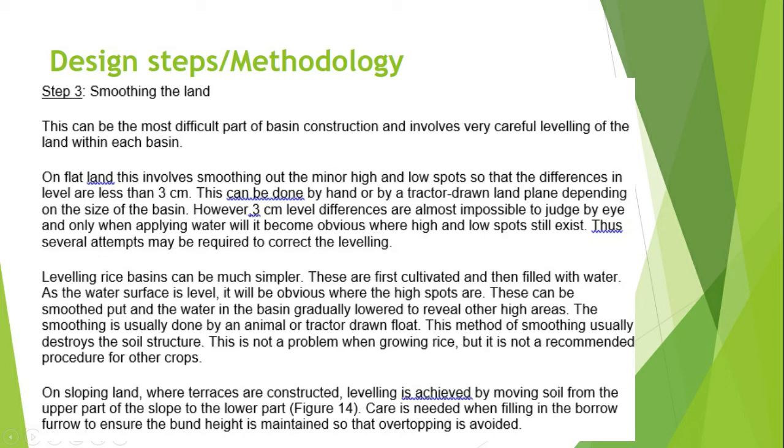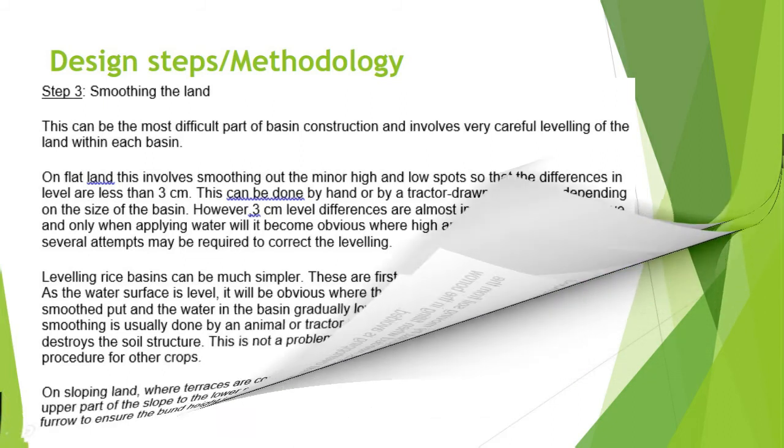On sloping land where terraces are constructed, leveling is achieved by moving soil from the upper part of the slope to the lower part, as you can see in the figure. Care is needed when filling in the furrow to ensure the band height is maintained so that overtopping is avoided.